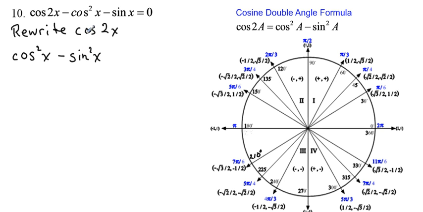That's the cosine 2x. And we'll add on minus cosine squared x minus sine x equals 0. Let's clean this up here a little bit.